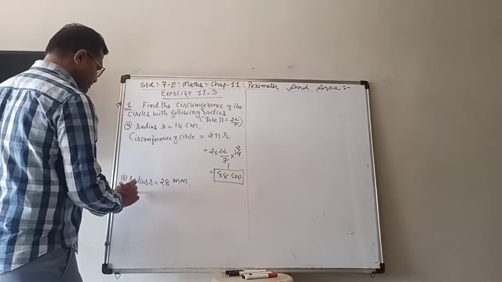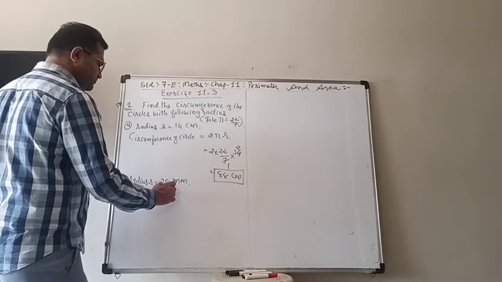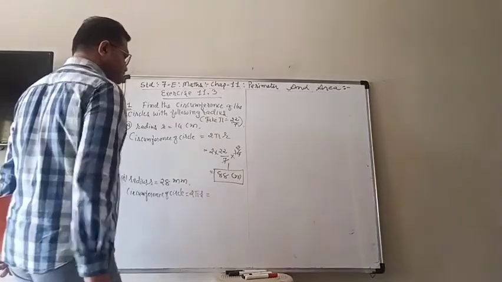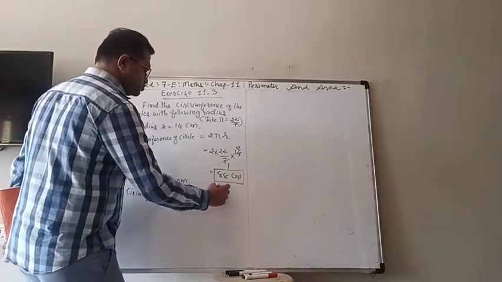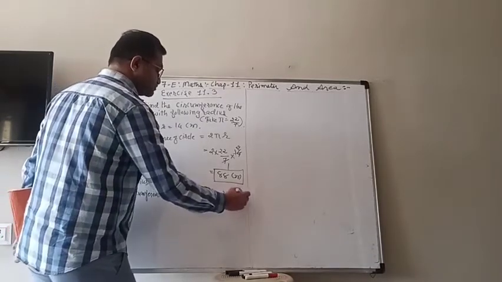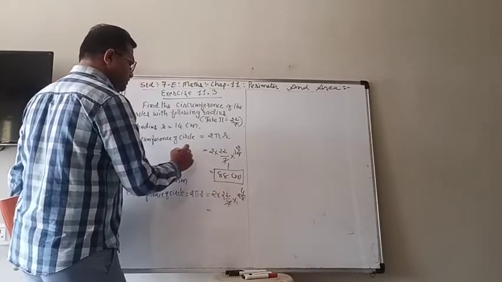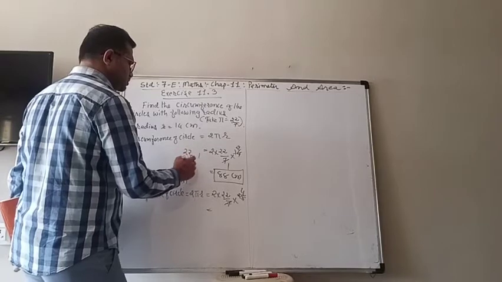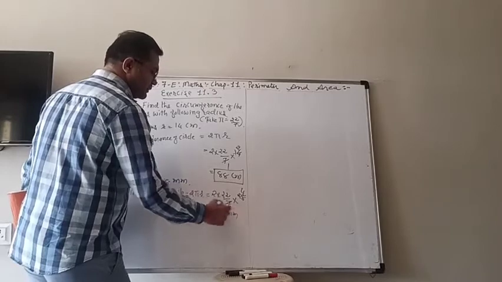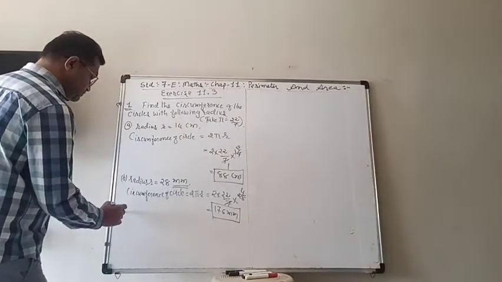So now circumference of circle is equal to 2 pi r is equal to 2 into 22/7 into 28. 7 4s are 28. So 4 2s are 8 multiplied by 22, 176 millimeter. Here it must be millimeter because the radius is given in millimeter.